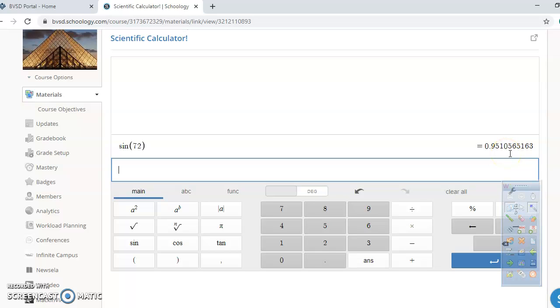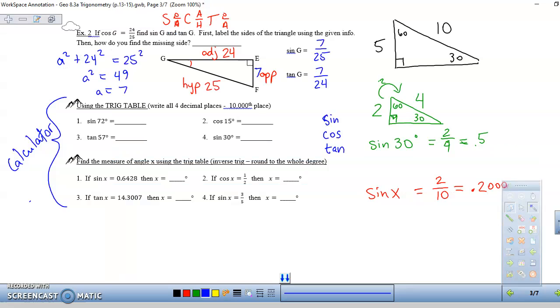You look at the 5th number to know if you're going to round up the 4th number. So 0.9511 is going to be my answer here. You're going to do the same thing for these other 3, so please pause and try that yourself.